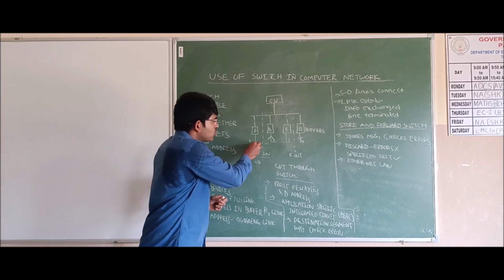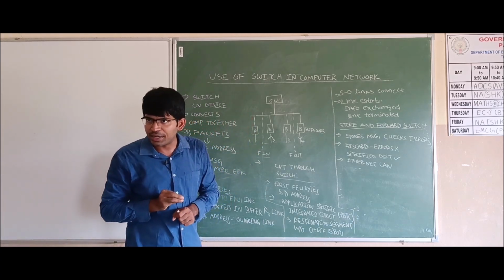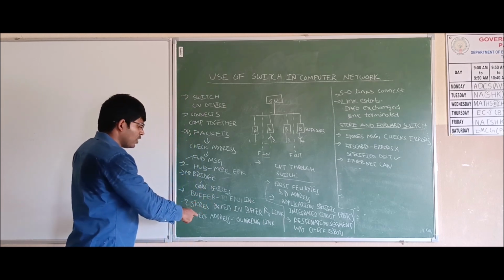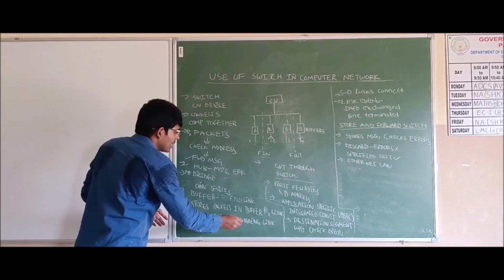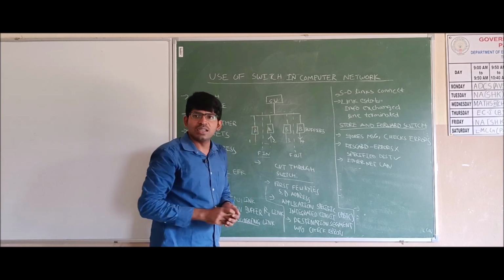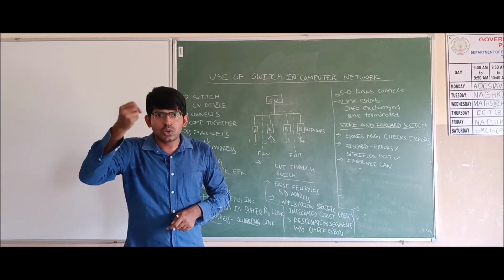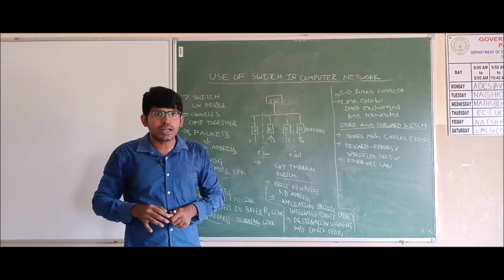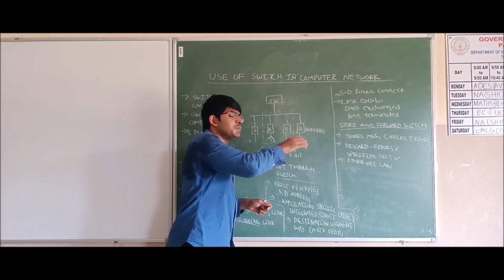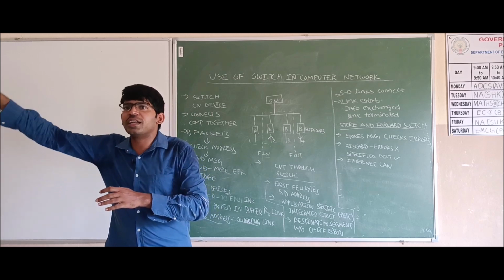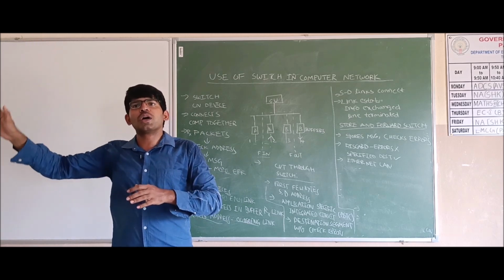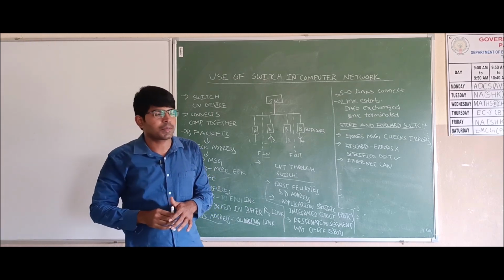So, these buffers store the data before sending. And once they check the address, if the address is free, there is no transmission of data to that address, then these buffers will give the data and the data will be sent to the outgoing address.